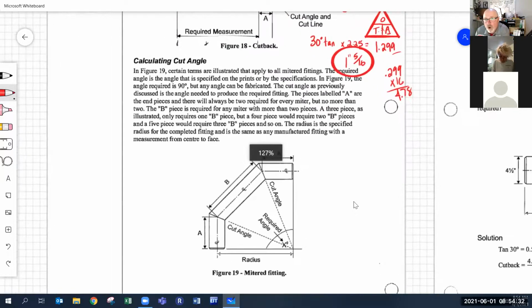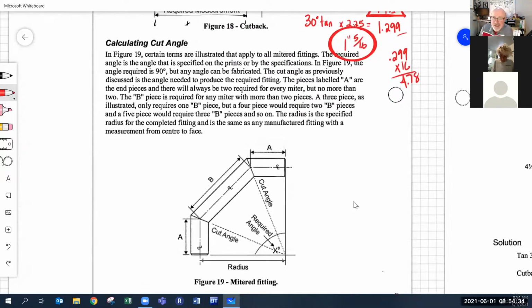So if we move forward within this ILM, you can see now how they can determine the miter pieces and the length of these pieces by finding out what your radius is, because we will know what our angle required is.